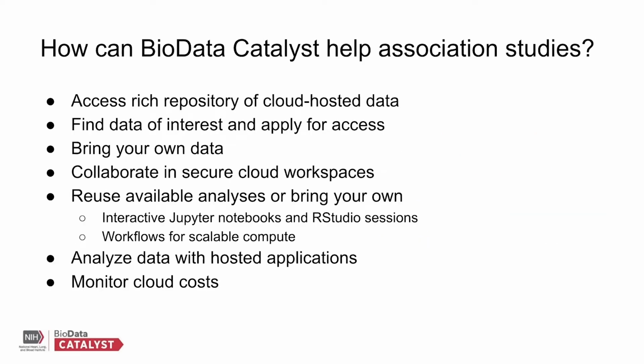Beyond accessing the rich repository of cloud-hosted data, BioData Catalyst can also help you find data of interest and learn how to apply for access to controlled access studies. Bring your own data into the ecosystem to compare to our hosted data, and collaborate in secure cloud workspaces. We also have a rich repository of available analyses that you can reuse or bring in your own.